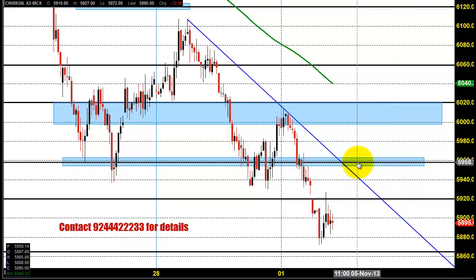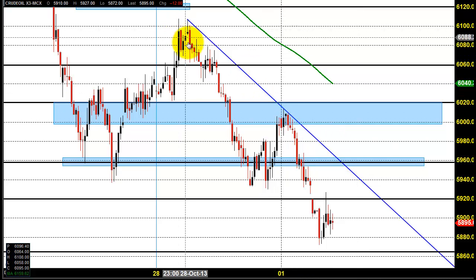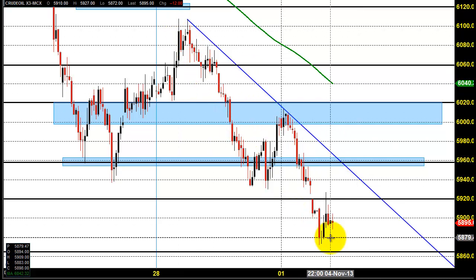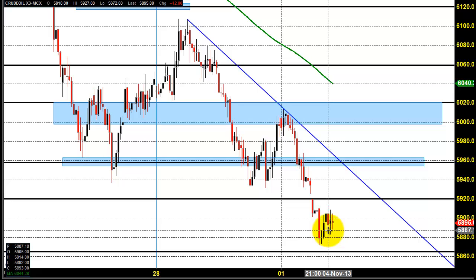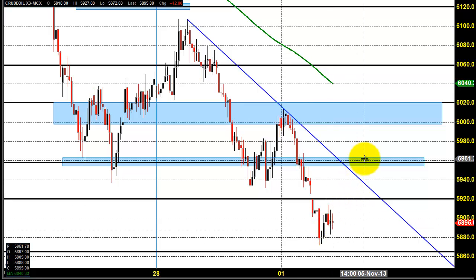So till 5960 you can go for selling, because it is quite normal for any market to give a retracement or a profit taking, whatever you may call it. The market has the ability to bounce back till 5960.